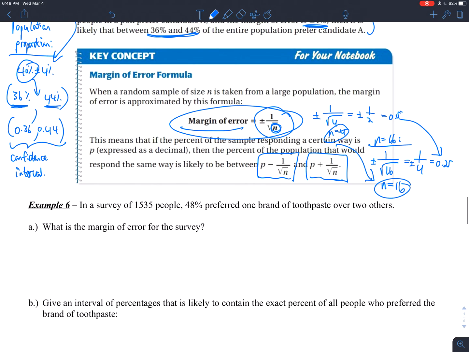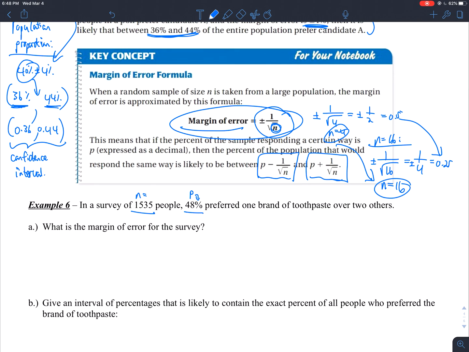So, example 6 says in a survey, so many people were surveyed. A survey of 1,535 people. That's my n, which is my sample size. 48% preferred one brand of toothpaste over two others. So this would be my P, my proportion. What's the margin of error for the survey?